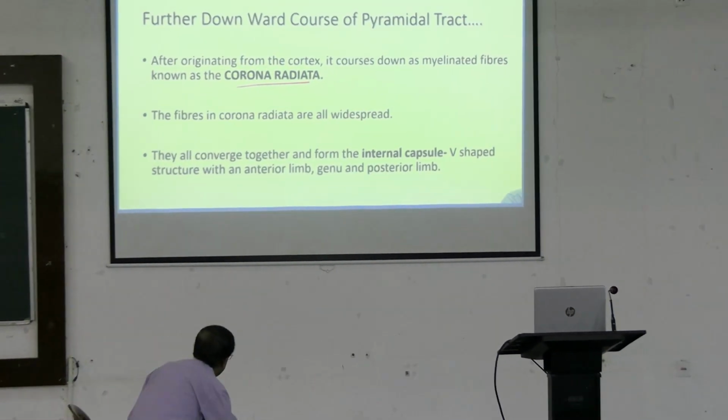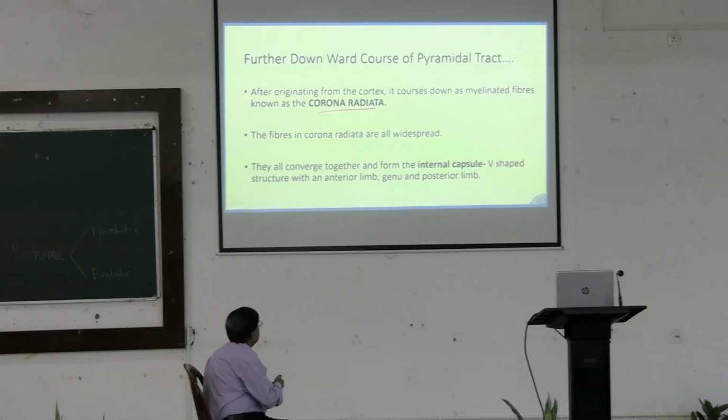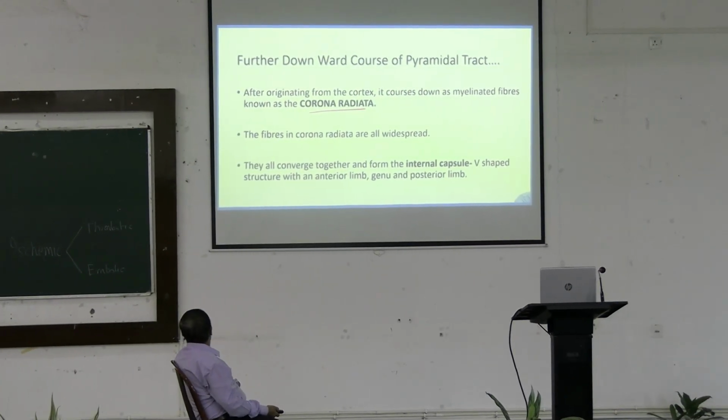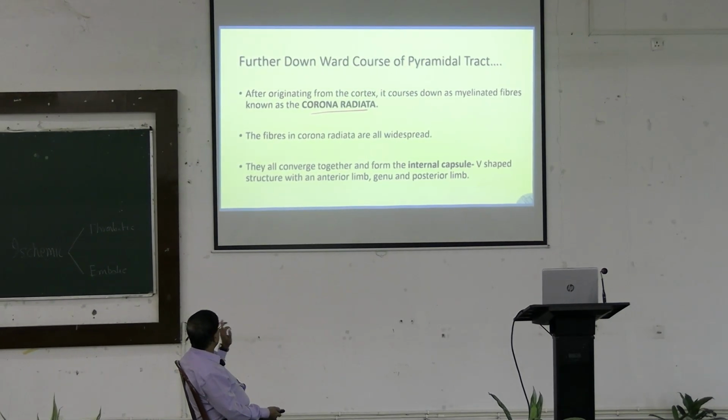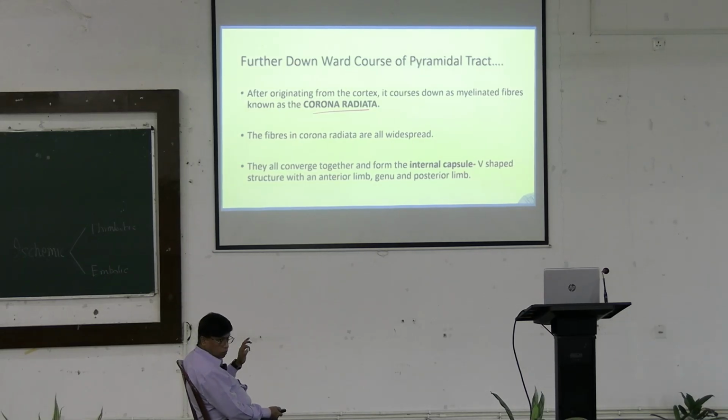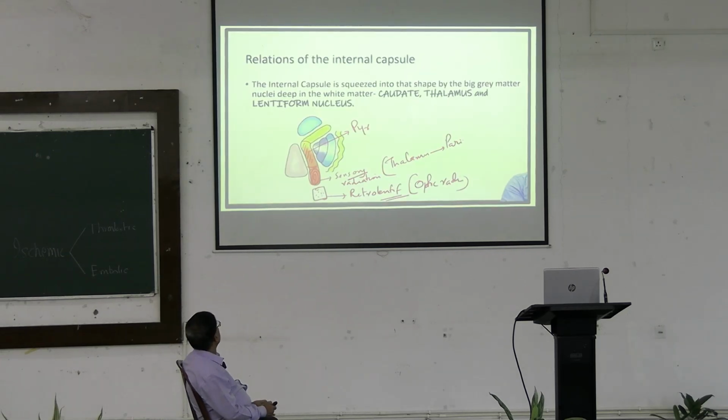Then comes the corona radiata. You can see the fibers are widespread. They converge together and form the internal capsule. The internal capsule is a V-shaped structure with the anterior limb, genu and posterior limb. Here the internal capsule is shown, from the patient's perspective, on the left side.